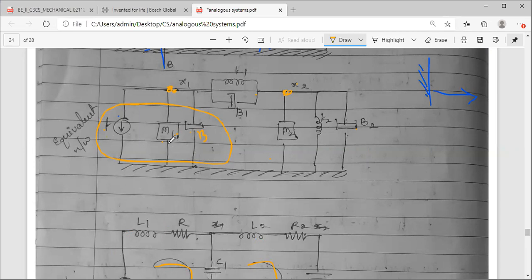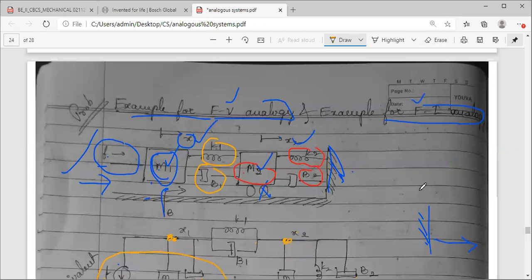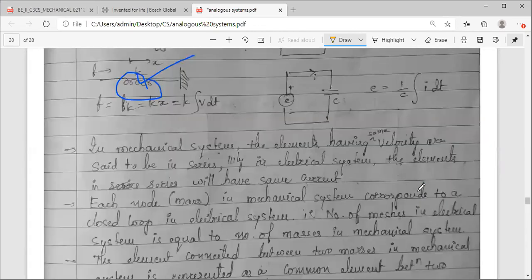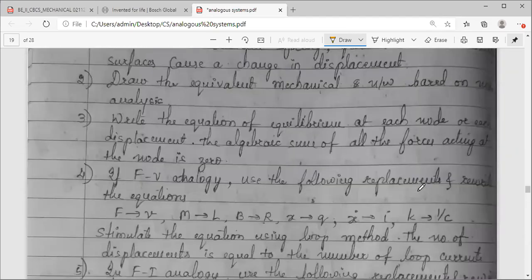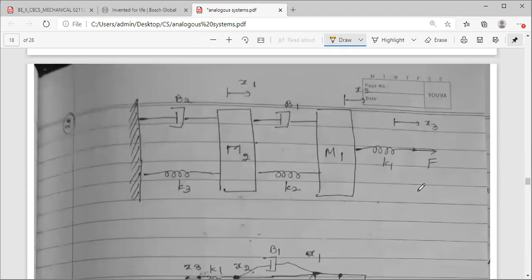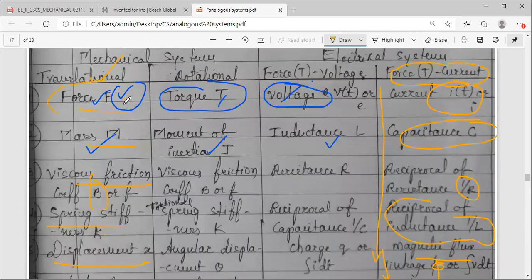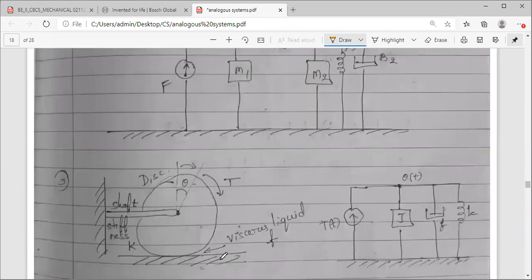So go for force, M and B. I want force, mass, and B. For force voltage, they are replaced with the voltage, inductance, and resistance.